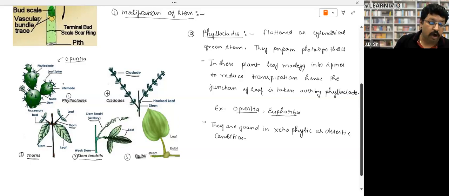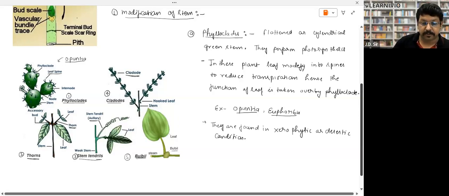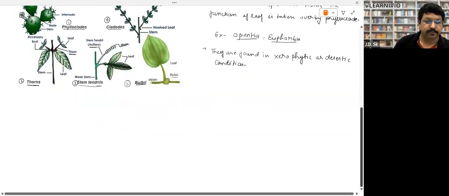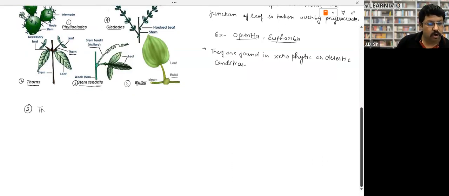Next one is thorn or spines, right? Thorn. The diagram is in front of you. Where are thorns found? In acacia, right? Thorn or spine. Both are the same thing. They are also a modification of the stem.